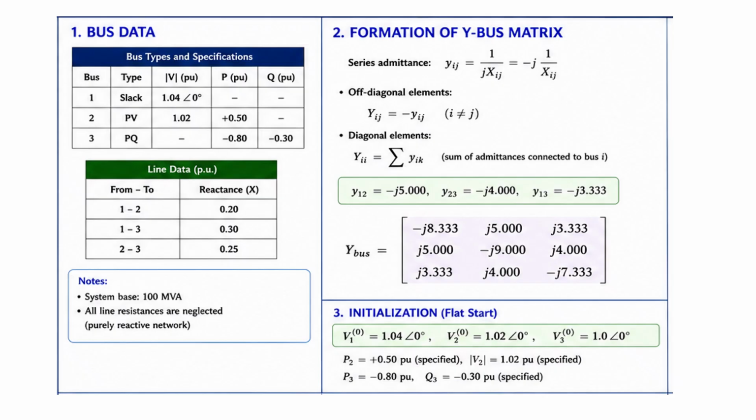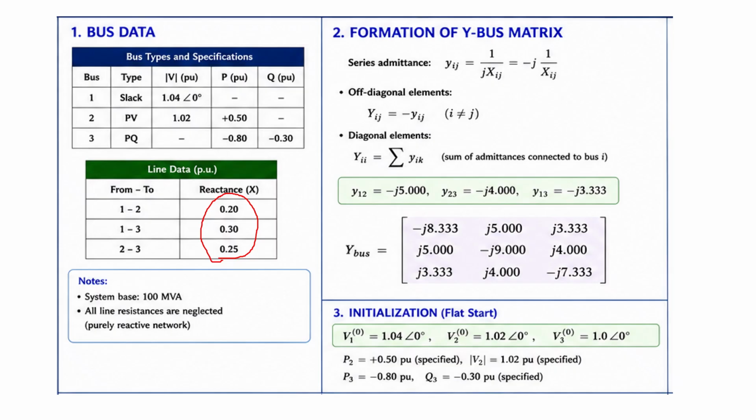Proceeding to the Y bus formation, we already have this reactance. The inverse of the reactance will give the admittance, but we have only the reactive or imaginary part of the impedance, so it's reactance.